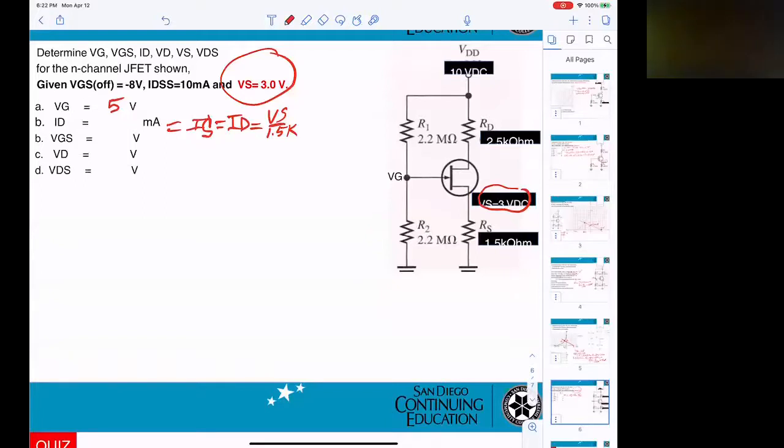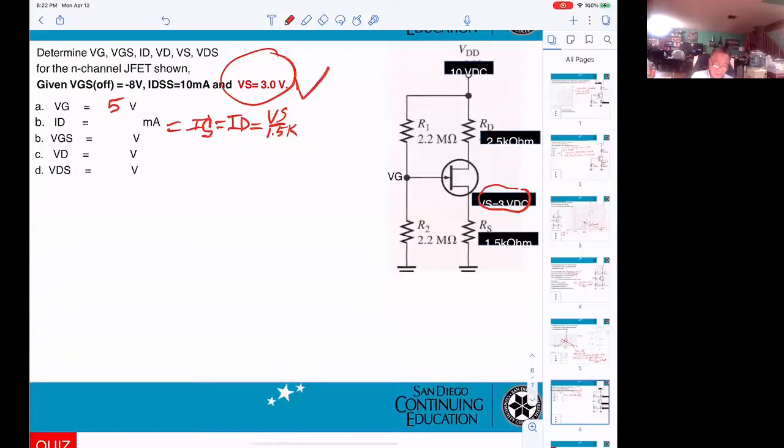That's why I already gave it to you. VS equal 3 volt. After the bias, next will be the MOSFET, and after the MOSFET, the last one will be the JFET amplifier.